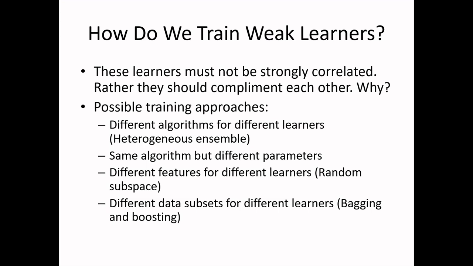One could be naive Bayesian, another could be a decision tree, a third could be Fisher's discriminant function, and so on and so forth. Or we can have the same algorithm but different parameters, so that they are not that much correlated.